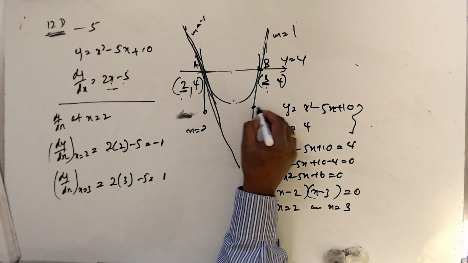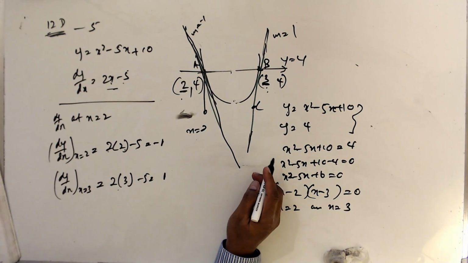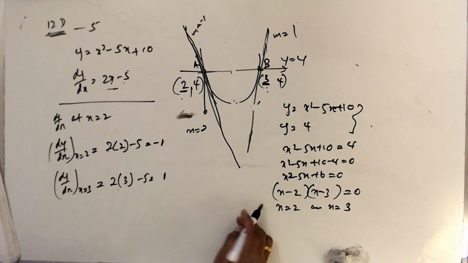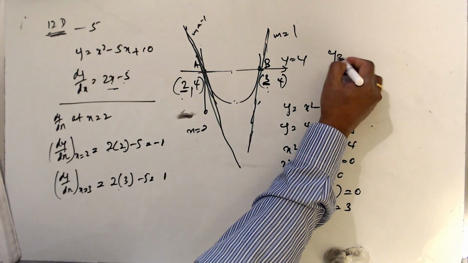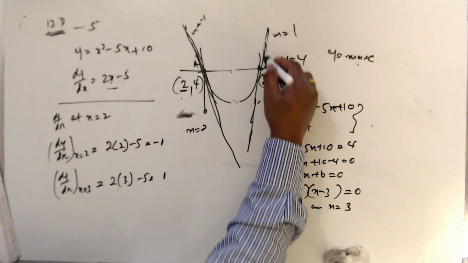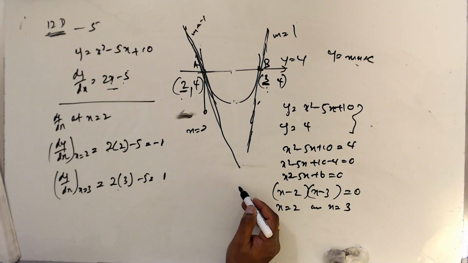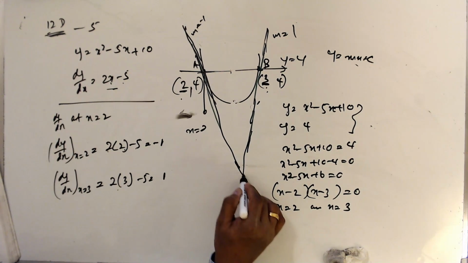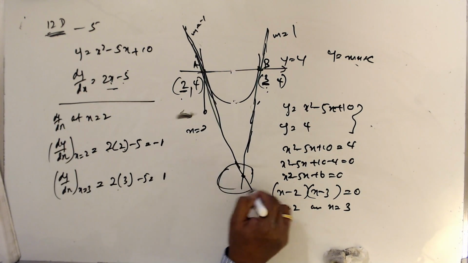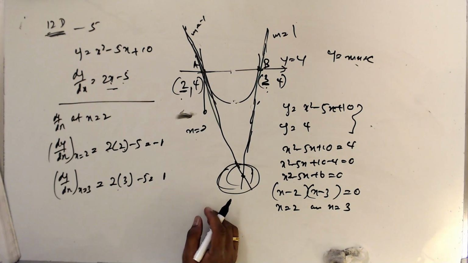If the line goes through the 2, 4 point, or it is going through the 3, 4 point, you can find, using y equals mx plus c, the equation of the line. Same way you can find the equation of the other line. Sometimes they will ask you to find the intersection point. Then you have to solve those two lines to get the intersection point. So that is how it gets advanced.